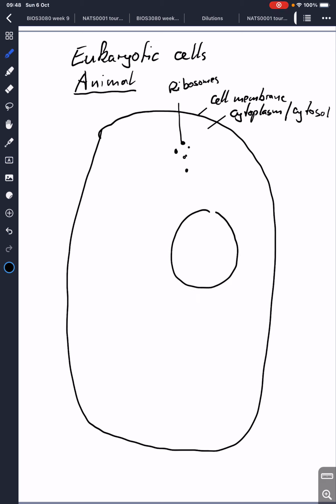So let's draw it like that. So this would be the nucleus. And it contains the genetic material, the DNA, and for typical eukaryotic cells, DNA is the genetic material that contains the blueprint of life.